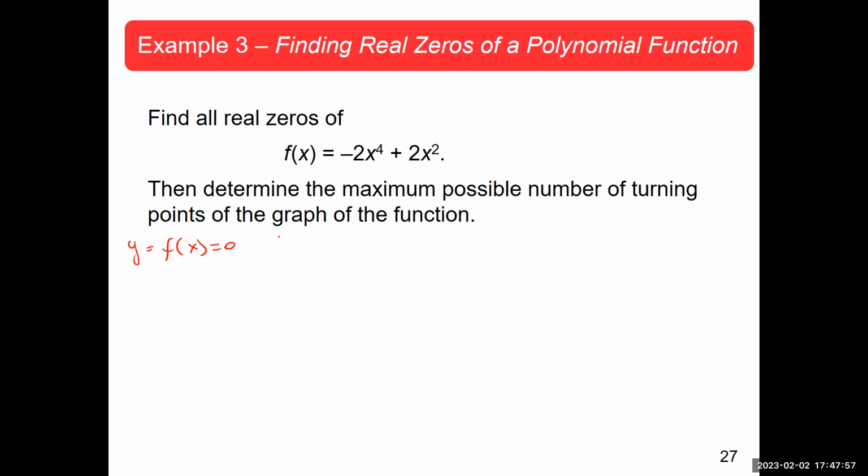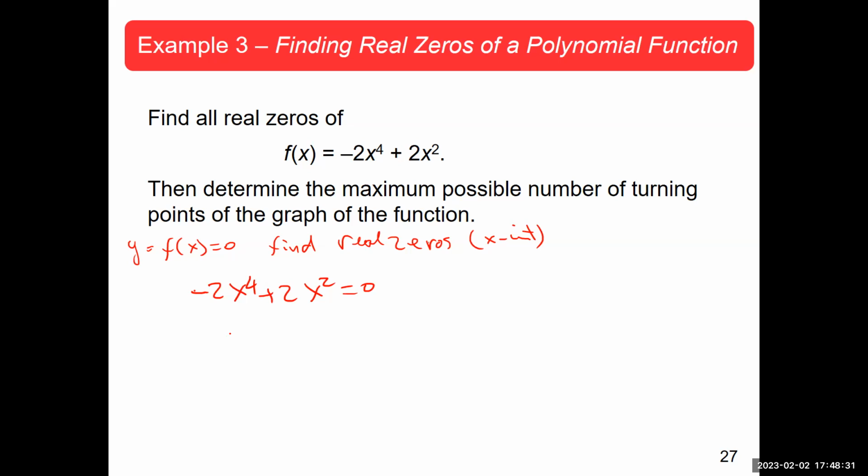Then you find real zeros, which is the x-intercept. So we're going to say negative 2x to the power 4 plus 2x to the power 2 equals 0. So we set the entire function equal to 0.